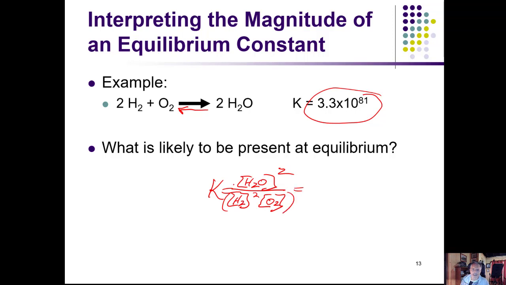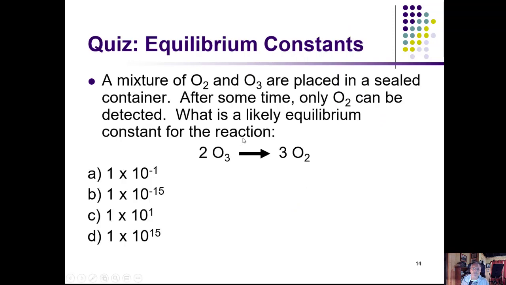When we calculated that, we came out with 3.3 times 10 to the 81. There are no units on an equilibrium constant. Okay, that should make you happy. All this means is that the reaction has gone essentially all the way to products, and you have an unmeasurable amount of reactants left.